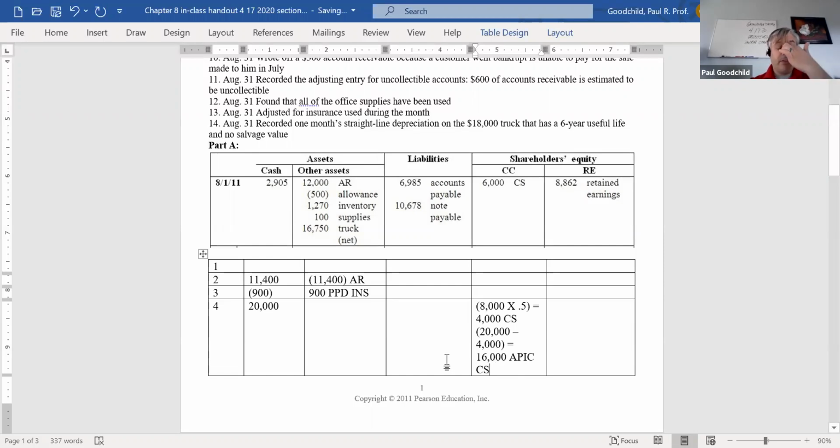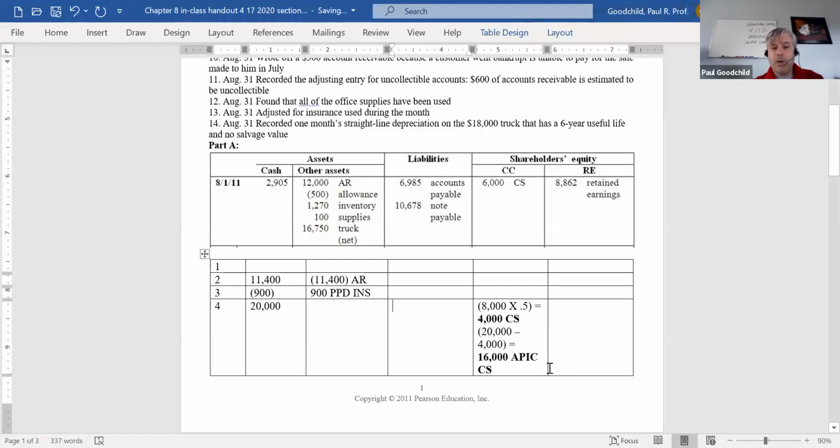And that balances the transaction on both sides. I'm just going to bold these. Any questions there before I move on to the next one, since that's kind of the heart of the chapter?